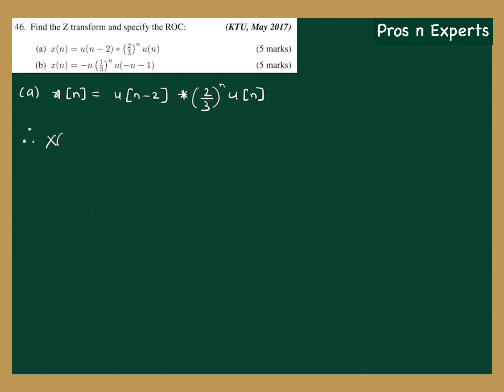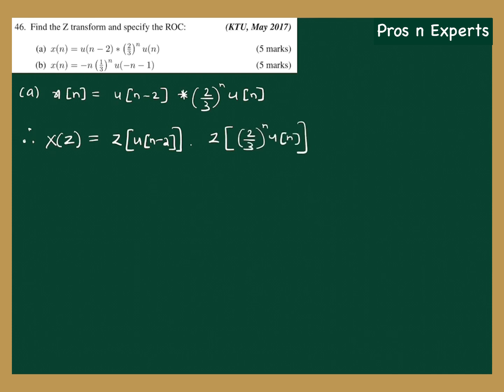So x of z is equal to, how to find out the Z transform of this RHS? You have a convolution in the time domain, so in the Z transform domain it becomes multiplication. So we have the Z transform of u of n minus 2 into the Z transform of 2 by 3 to the power n u of n.